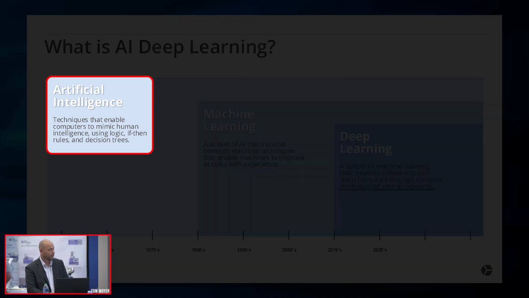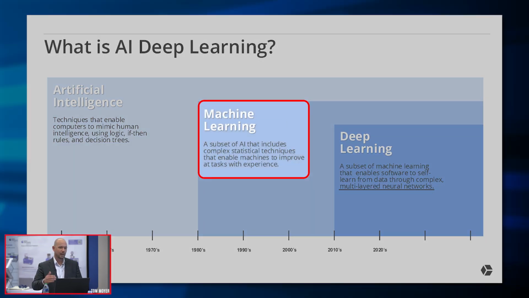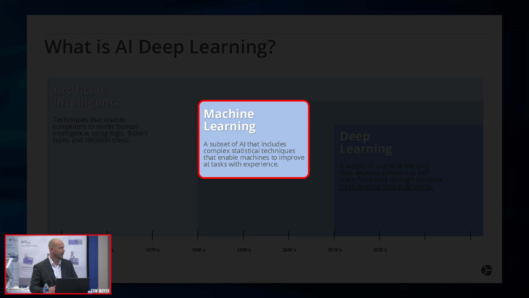At a high level, we have artificial intelligence. These are techniques that enable computers to mimic human intelligence using logic, if-then rules, and decision trees. A subset of AI is machine learning. This is a segmentation technique that we have already implemented into the Image Pro platform.